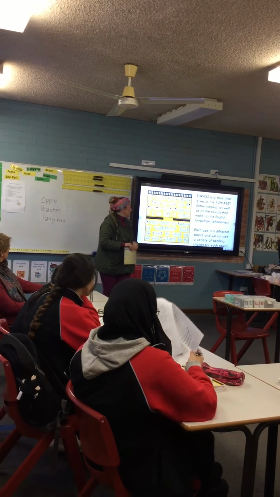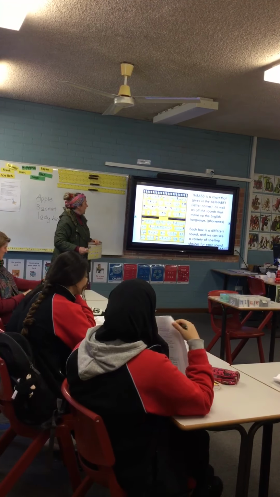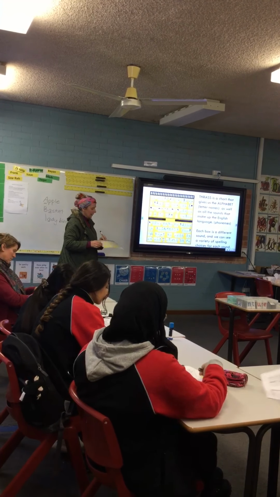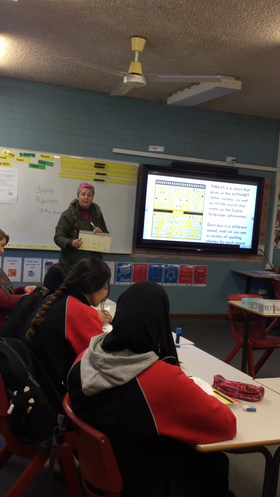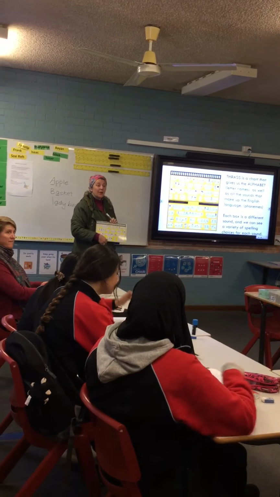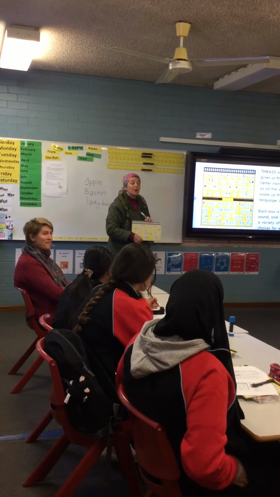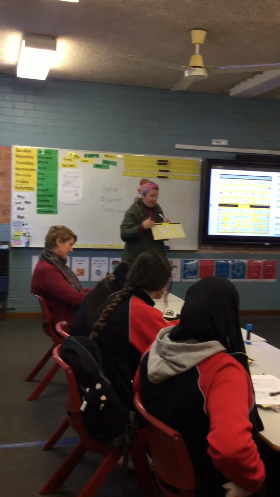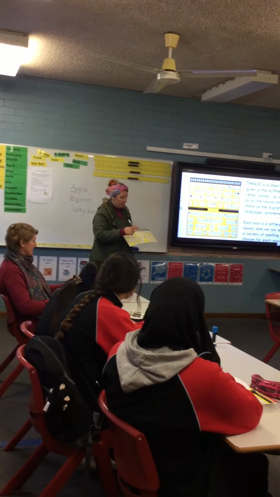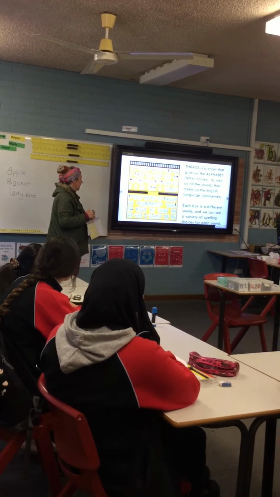Okay, so the THRASS is a chart that gives us the alphabet, or the letter names, as well as the sounds that make up the English language. And what's our fancy word for sounds? Starts with PH. Phonemes. Okay, so the THRASS chart is made up of all the different phoneme boxes, all the different sounds that we have in English.